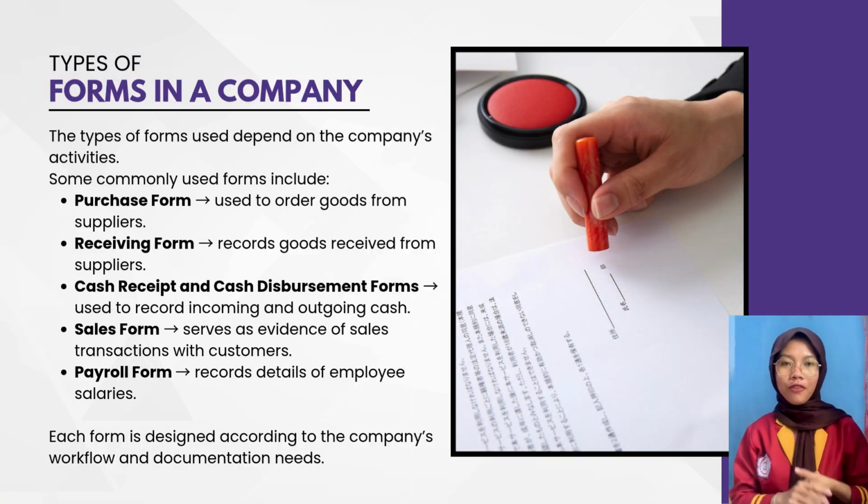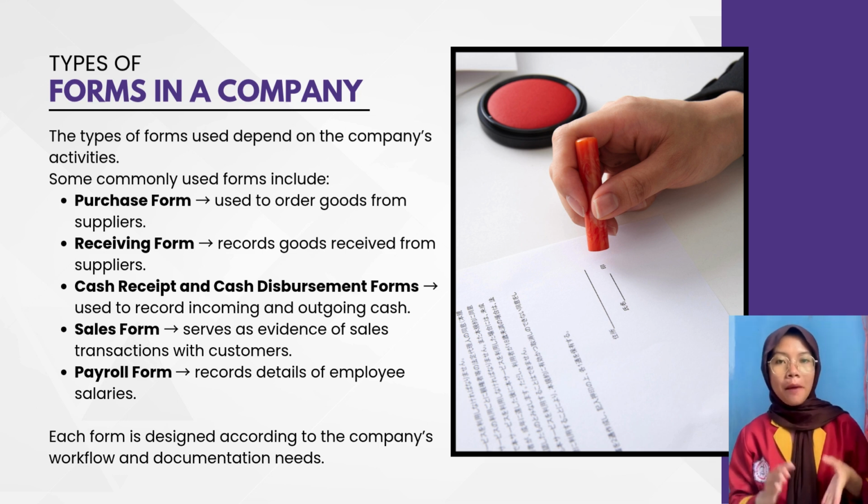The types of forms vary depending on the company's activities. Here are some common examples. Purchase form, used to order goods from suppliers. Receiving form, records goods received by the warehouse.